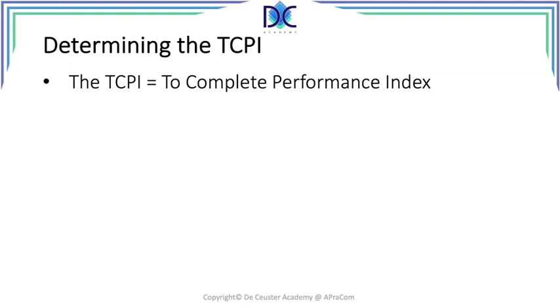If the TCPI is larger than 1, it means that we have to have a very good performance, and the work has to be done at a lower cost than estimated. On the other hand, when the TCPI is smaller than 1, it's easier to reach the goal.